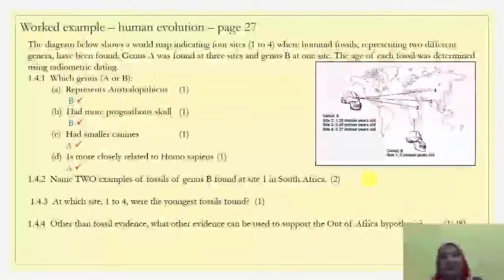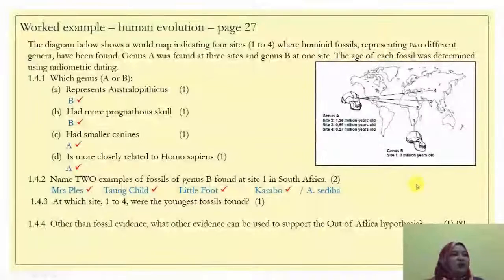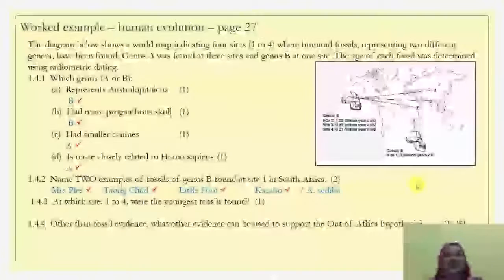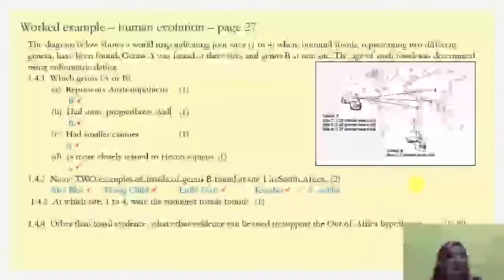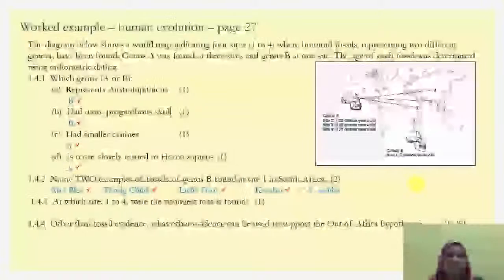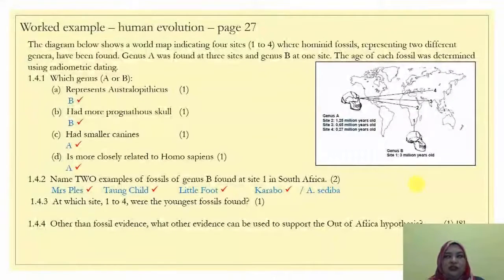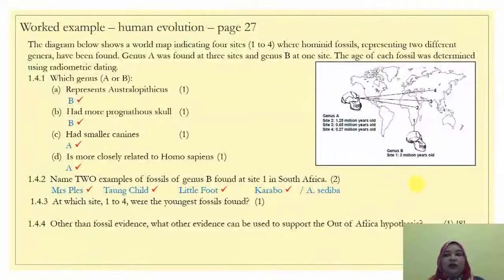Right, we've got another one. Place, excellent. We also have Handyman, which is not an Australopithecus. Handyman is Homo habilis. Be very careful. You need to be able to identify the skulls, the genus and species names, and which genera they belong to.